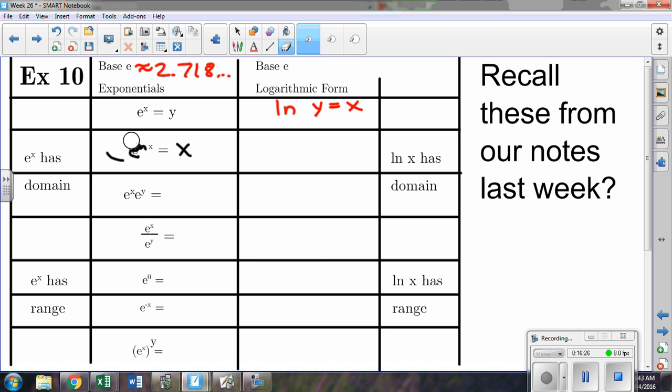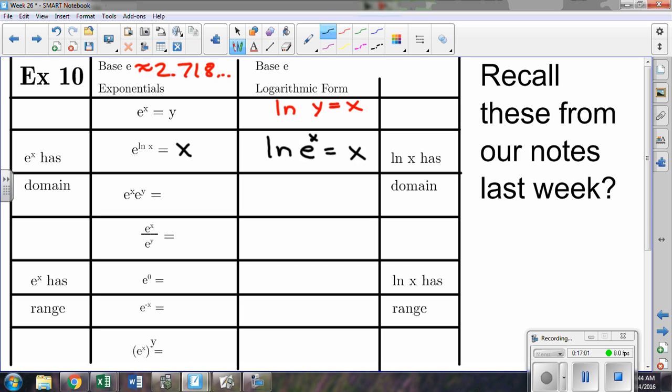So we'd like to see, how do e and natural log cancel each other out? Well, natural log of e to the x, as we noted, natural log and e cancel, leaving you with just the x. The same way that we saw that base 10 and base 10 logarithm cancel, base e and base e logarithm cancel.